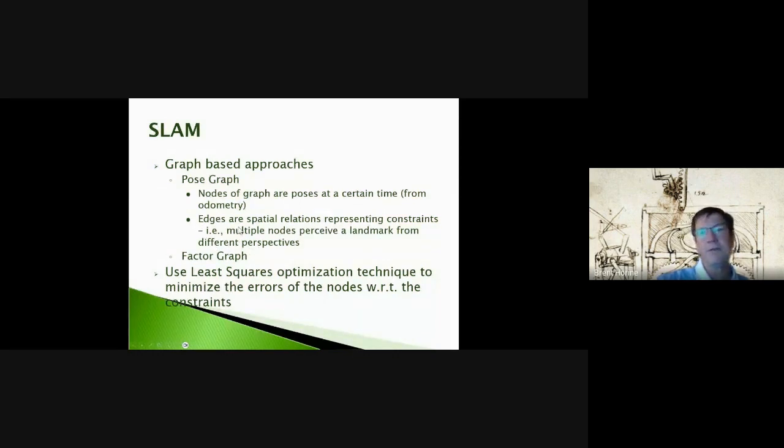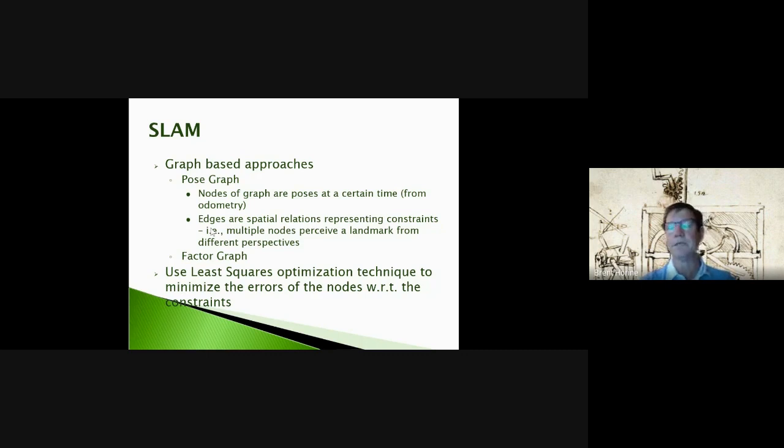So we can represent those as a constraint. And the way this process works is that we're going to try to transform one node's perspective to another node's perspective, and we can do that using affine type transformations, again beyond the scope of this lecture.